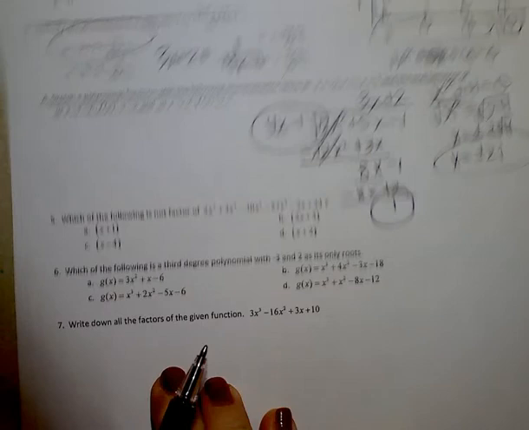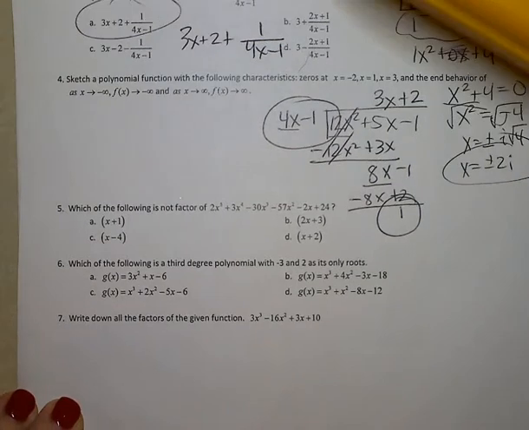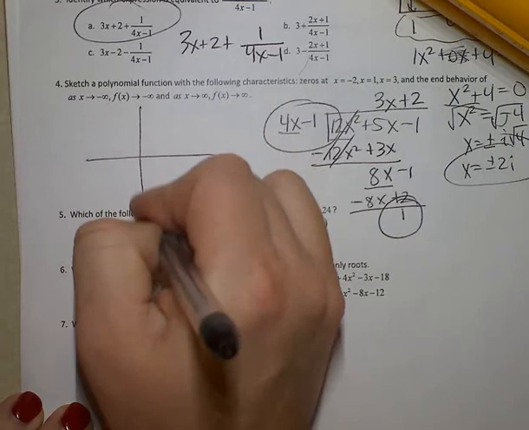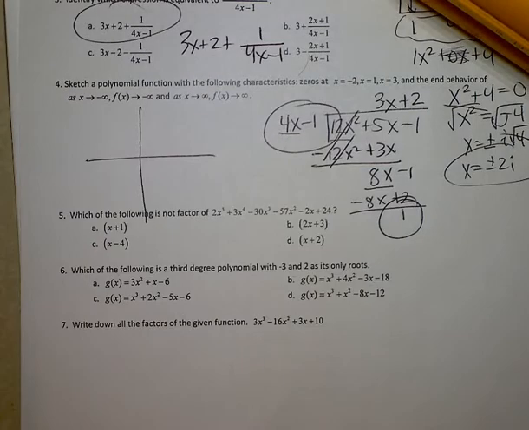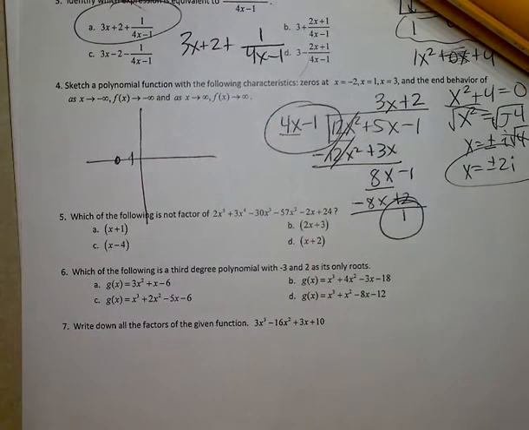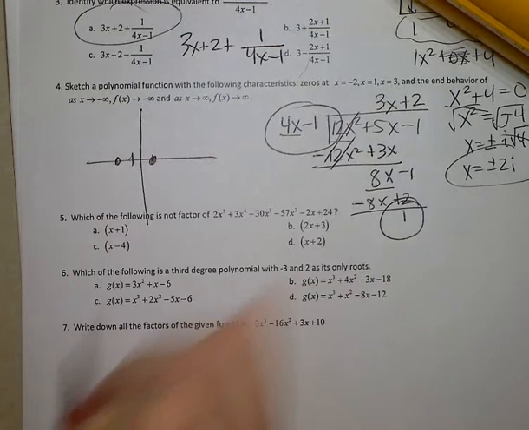Number 4. We want to sketch a rough graph of a polynomial that has zeros or x-intercepts at -2, +1, and +3.